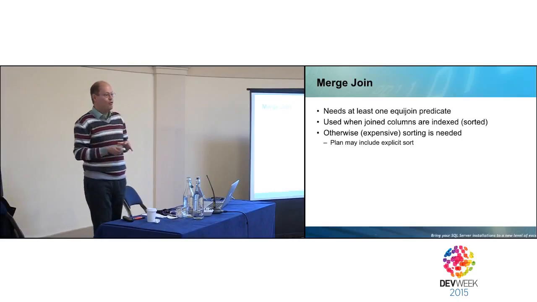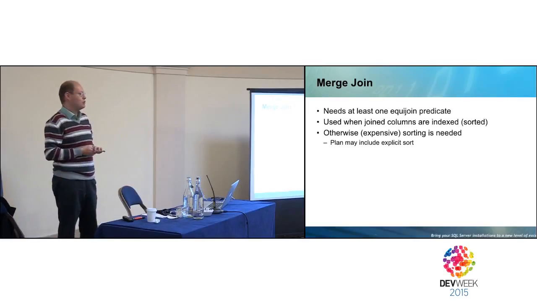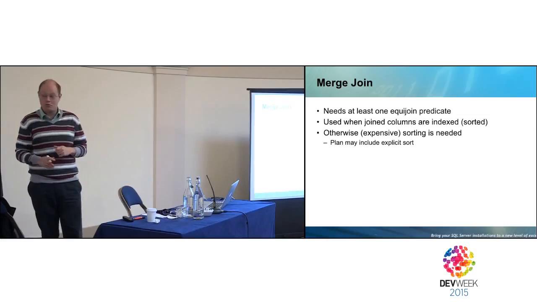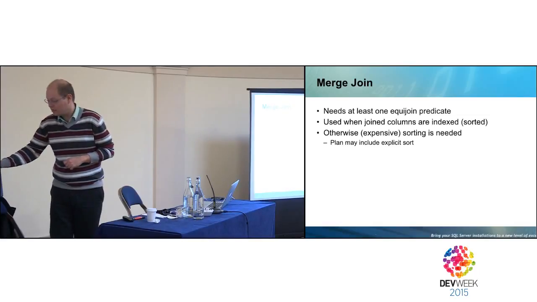As I've said, the prerequisite for a merge join is sorted input. How can you achieve sorted input for a merge join? Join on indexed columns: when we have a clustered index or non-clustered index, then we provide sorted input. It can also be the case that the query optimizer introduces an explicit sort operator.